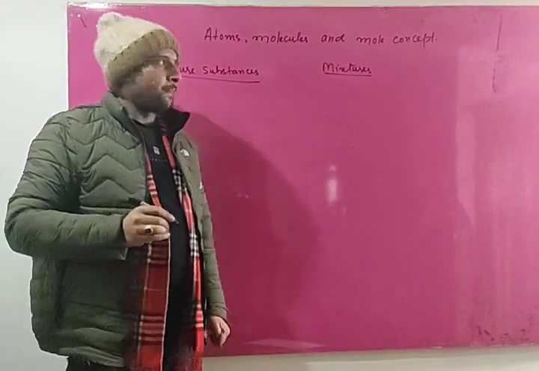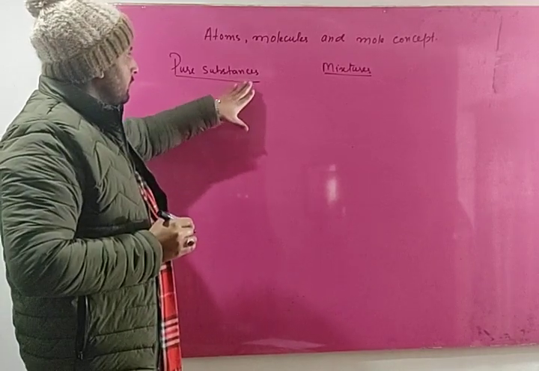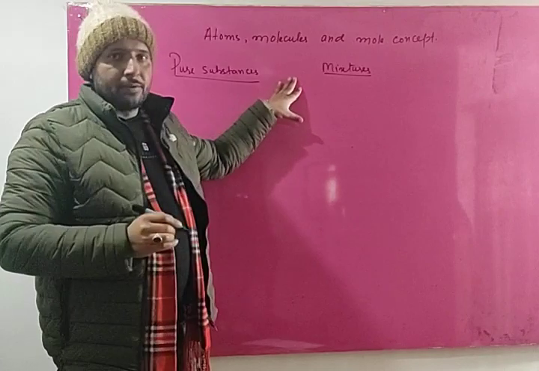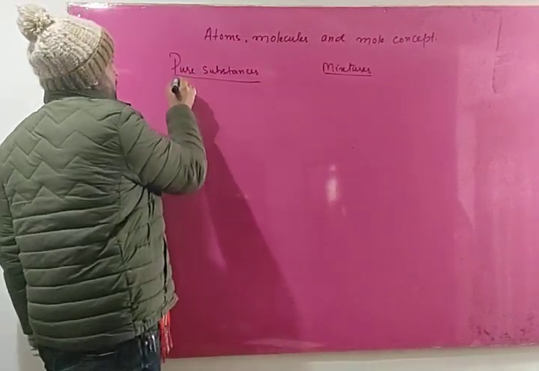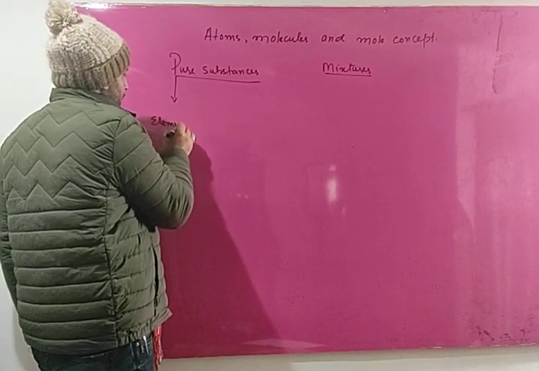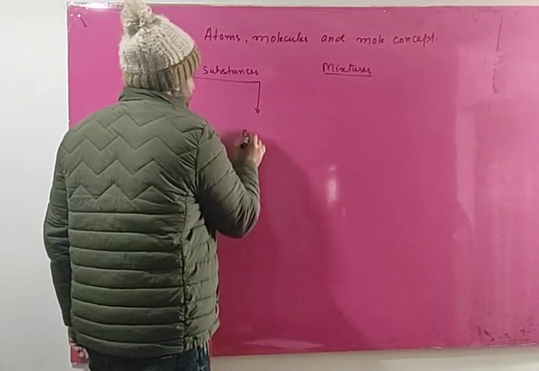This is what we study under the term chemical classification of matter, right? Now, pure substances, we have elements and compounds.